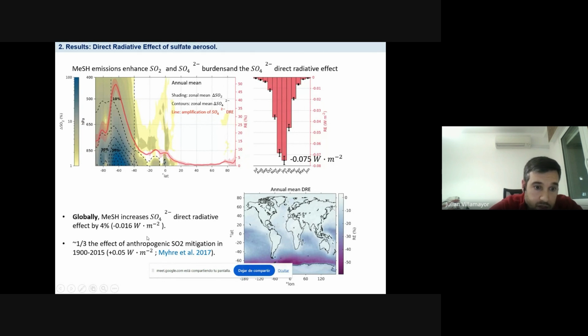However, this apparently small contribution of the methanethiol to the global radiative effect can be considered as a residual value, because in absolute magnitude, this 0.016 watts per meter square is equivalent to about 1/3 of the net warming effect caused by the mitigation of anthropogenic SO2 emissions all over the last century.